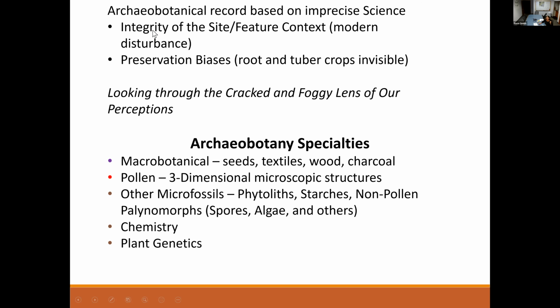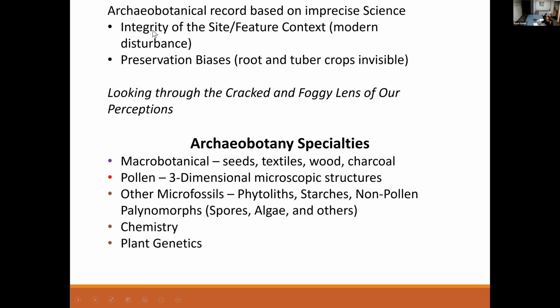So for macrobotanical and pollen, root and tuber crops are essentially invisible. For pollen, the roots and tubers are so far away from the flowers, for one thing. And when people harvest those crops, they're just taking the roots. So there's just no chance to get pollen into a sample like that.